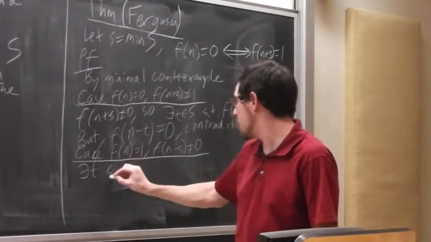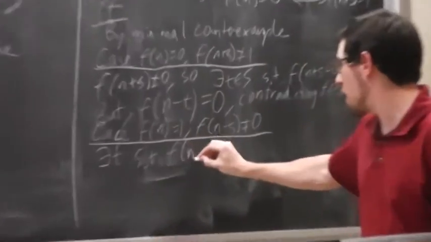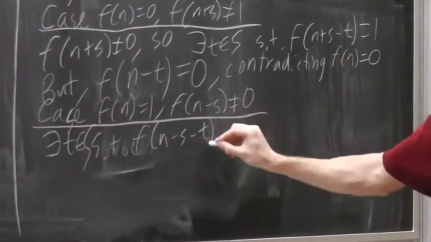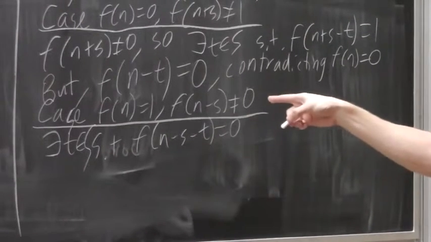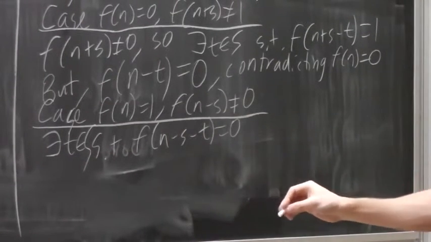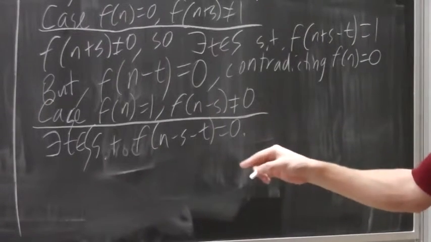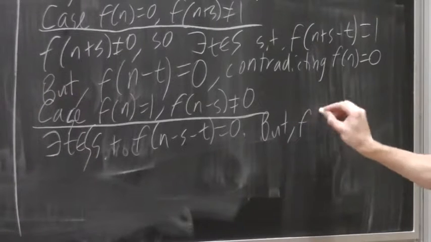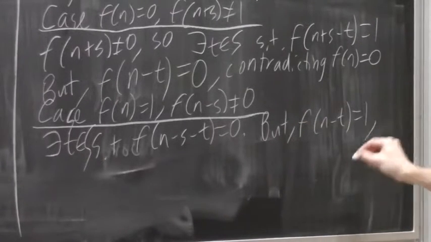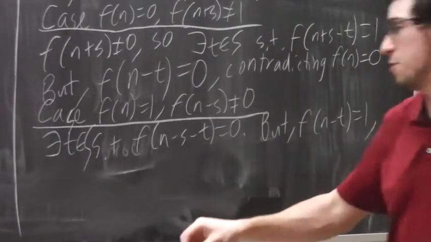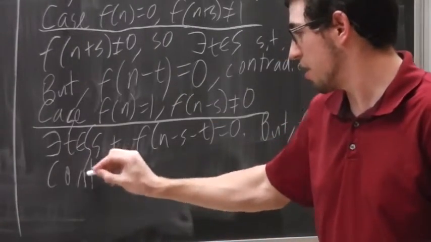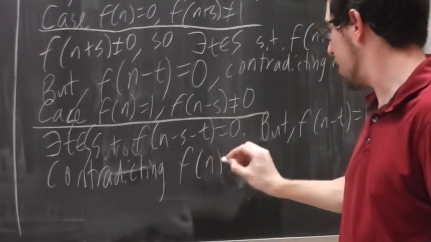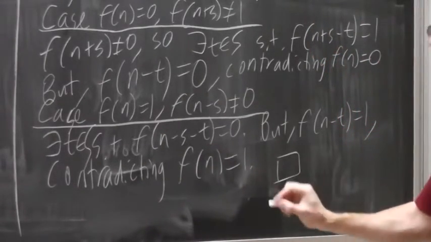So there exists a t such that f of n minus s minus t is equal to 0. Otherwise, this would be 0. But then f of n minus t is equal to 1, and that contradicts f of n equals 1. And that proves Ferguson's theorem.